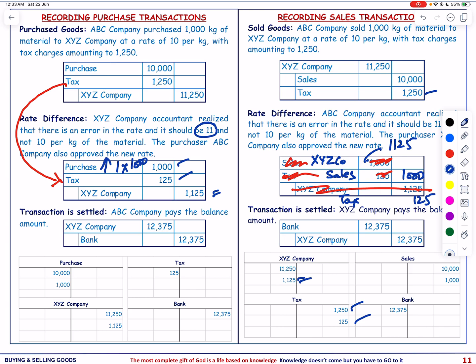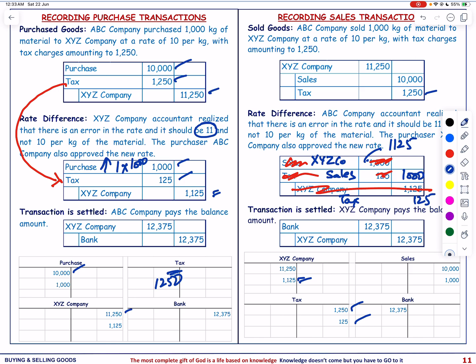So first of all, let us see how we are going to record the journal entries. In these journal entries, we have purchase for 10,000, taxes are 1250, they are debit by 1250, and XYZ company is credit by 11,250.